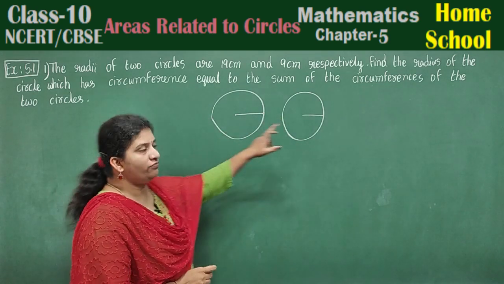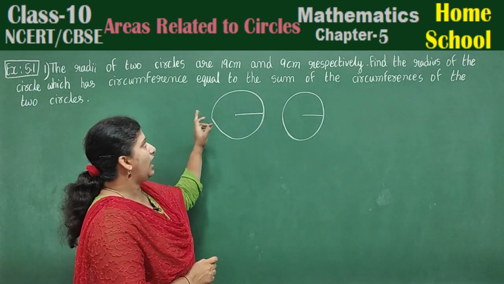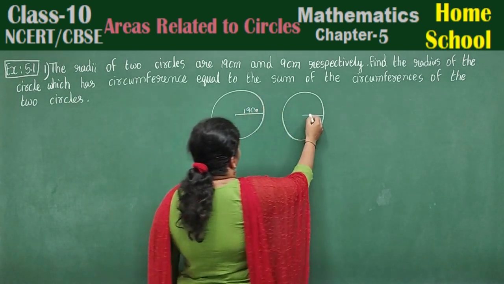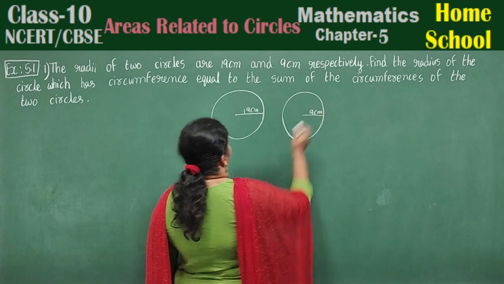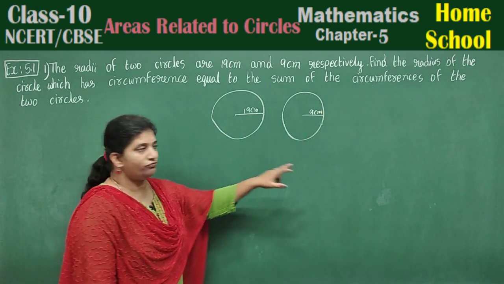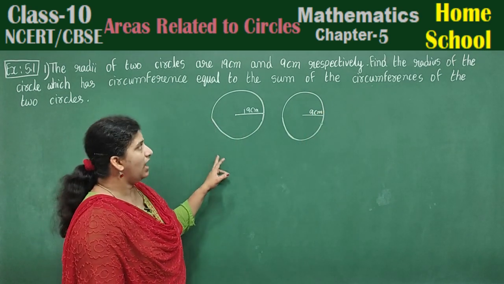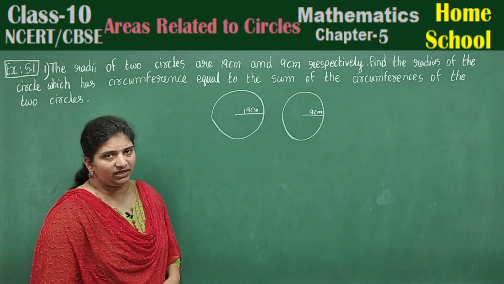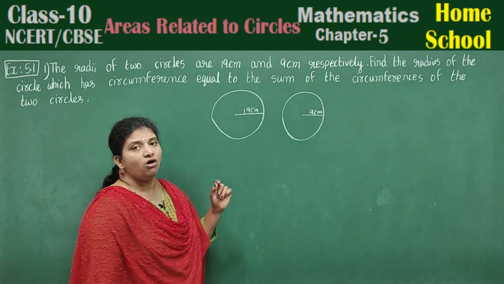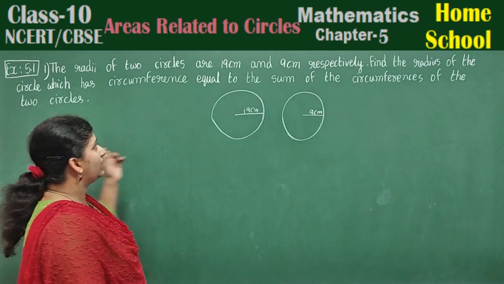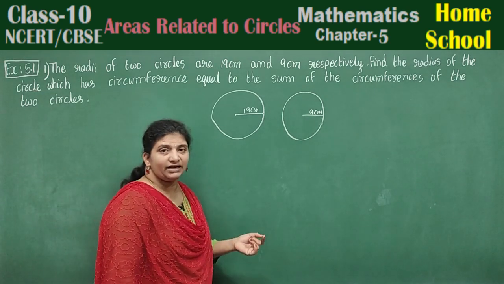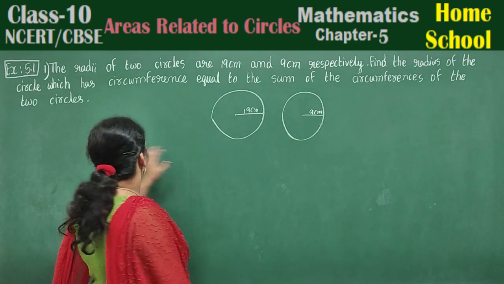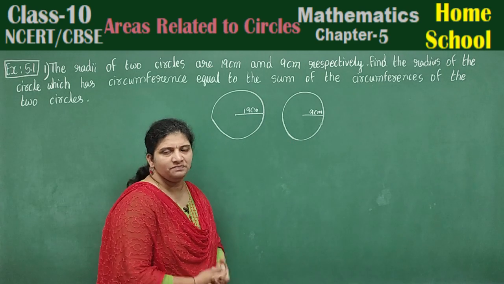The radii of two circles are 19 centimeters and 9 centimeters respectively. Find the radius of the circle which has circumference equal to the sum of the circumferences of the two circles.